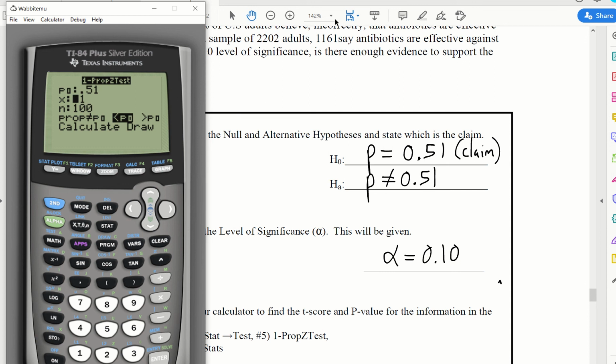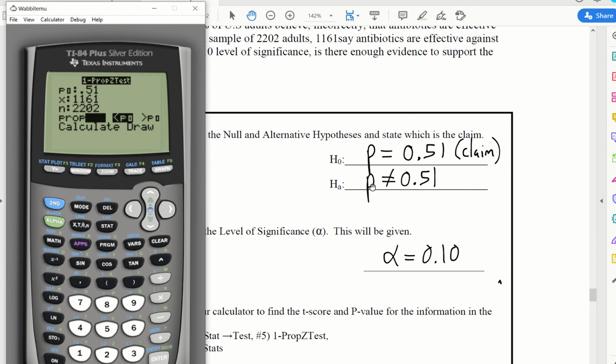In our sample, the number that believe antibiotics are effective was 1,161 people out of the sample size n, which is 2,202. And then the last thing we need to do is choose the appropriate tailed test.